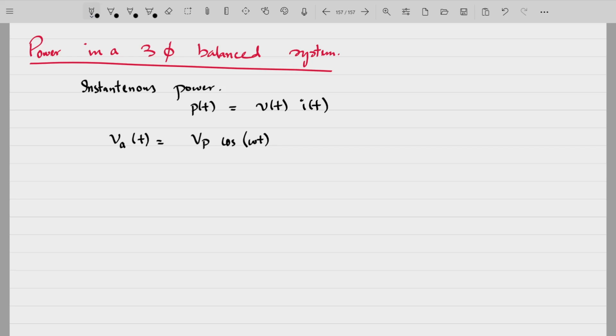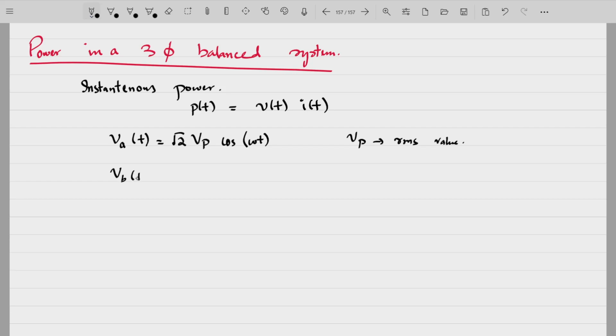Now we know the relationship between RMS value and the peak value. The peak value is root 2 times the RMS value. So it is getting multiplied by root 2, where Vp is the RMS value. Simply, Va is Vm cos of omega t. Instead of writing Vm, I am writing root 2 times Vp cos of omega t, where Vp here represents the RMS value of this voltage.